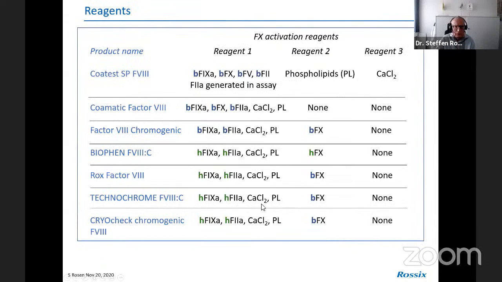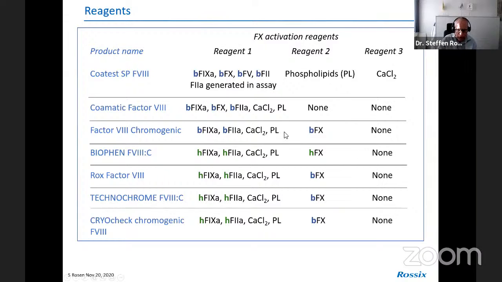The next slide shows the content of reagents and the number of reagents responsible for the factor 10 activation. As you can see, the Quartz kit is the most complex one with 3 vials, whereas chromatic is the most simple one with only 1 reagent and no other vials.